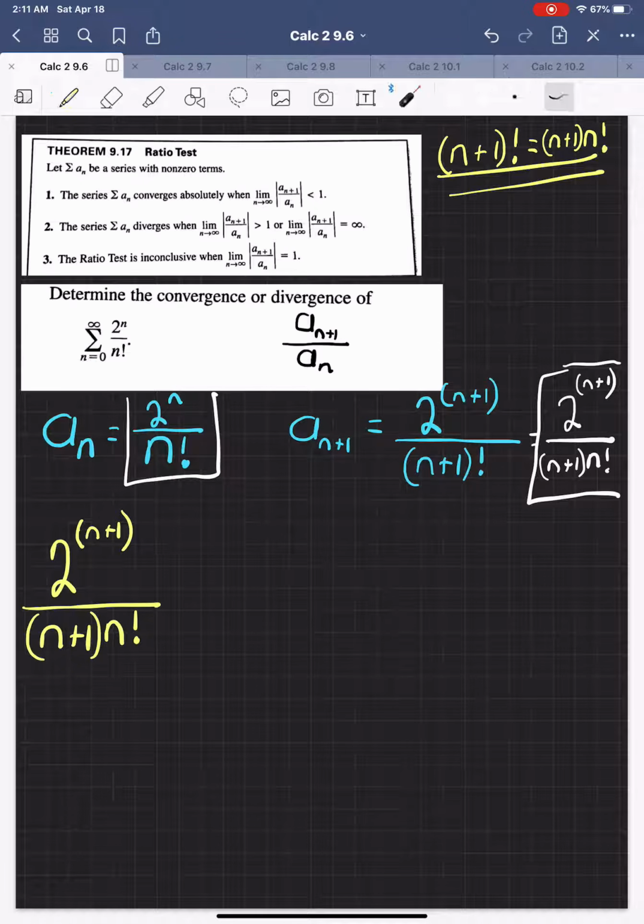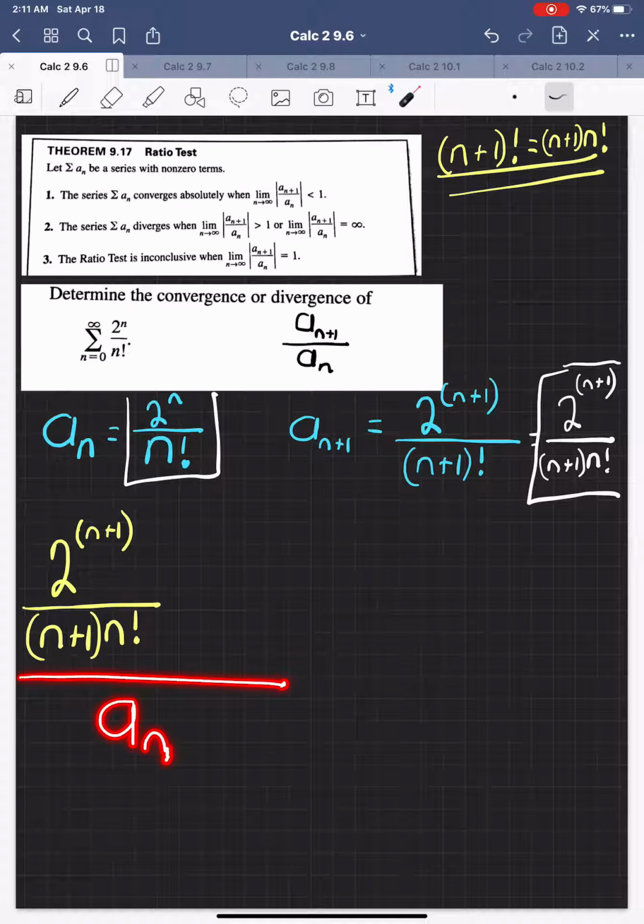Now, normally if you were going to form a quotient, you would have your division bar, and then you would write your a sub n down here. But for all of these, you're going to end up with a complex fraction, right? A fraction over a fraction.